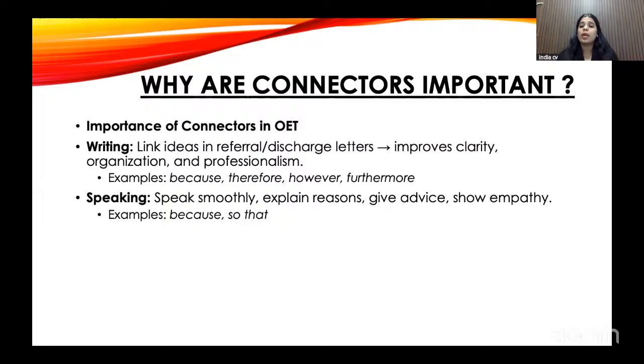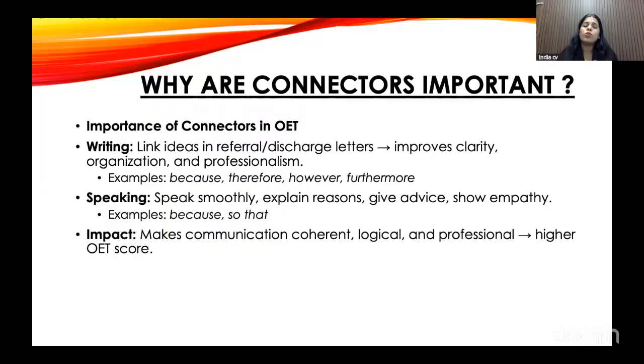So you're able to properly structure your information. And it shows that your communication is more logical and professional. So the examiner, when he's listening to you and I'm able to structure my information in a proper way, he's going to think that, okay, this person is aware of the language. This person knows how to construct sentences. So I can get a higher OET score.